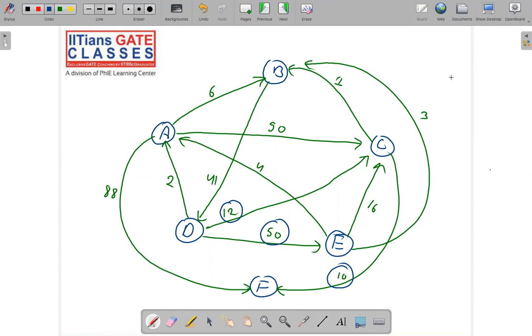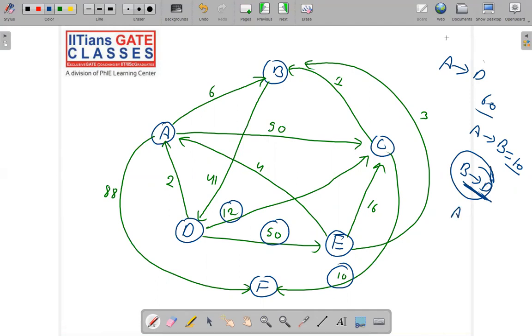For example, if I know that currently A to D is 60 and A to B is 10, then only if there is an edge between B and D can a reduction of this A to D happen.